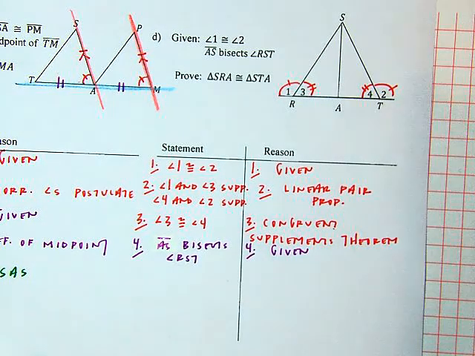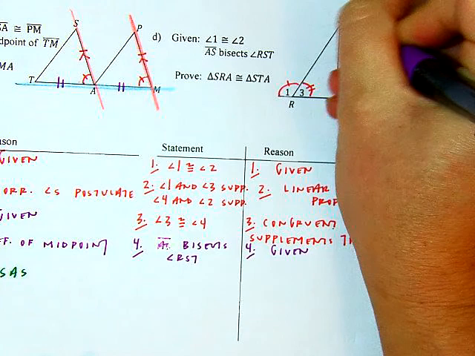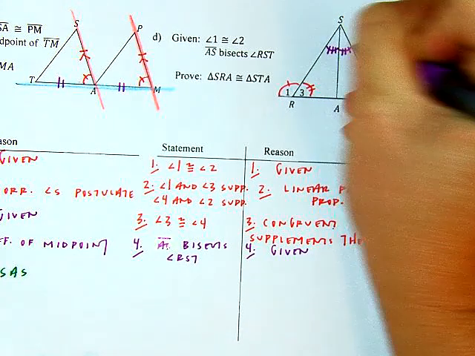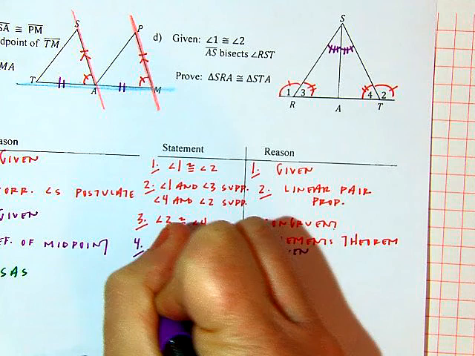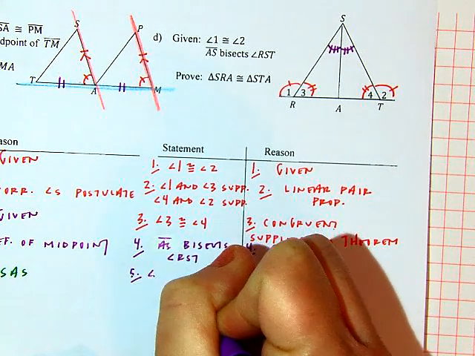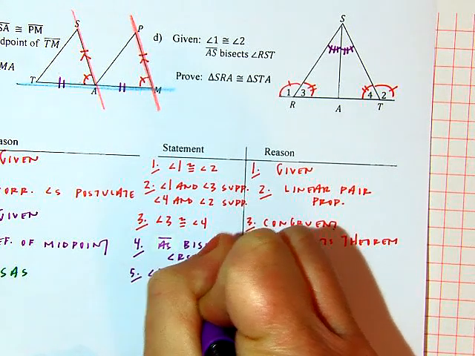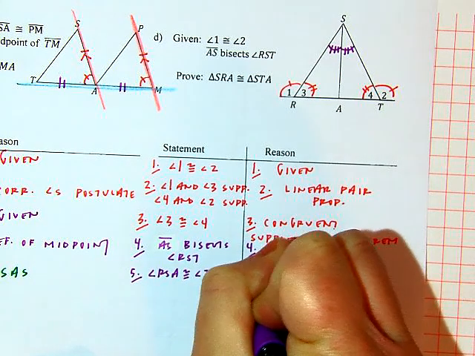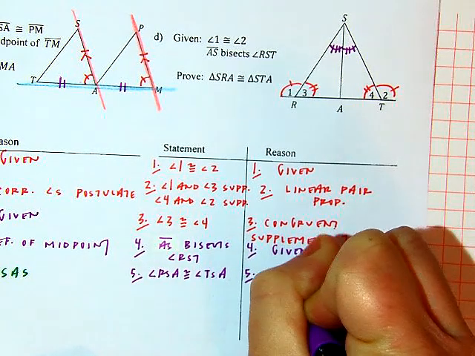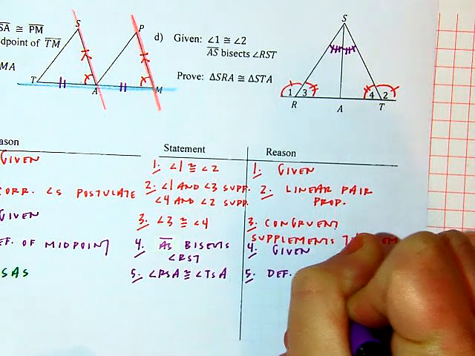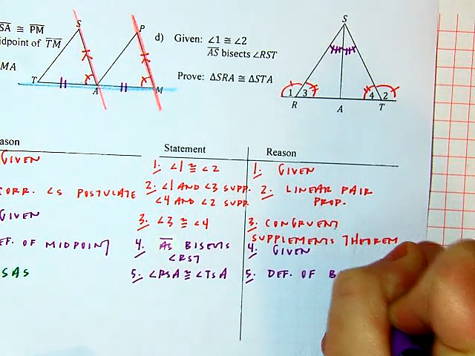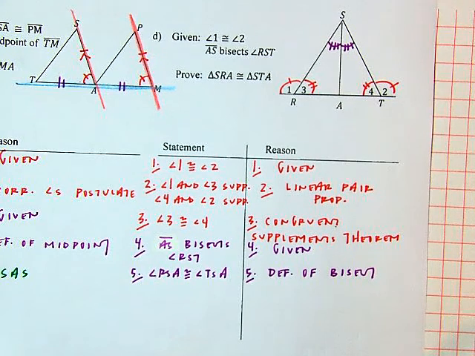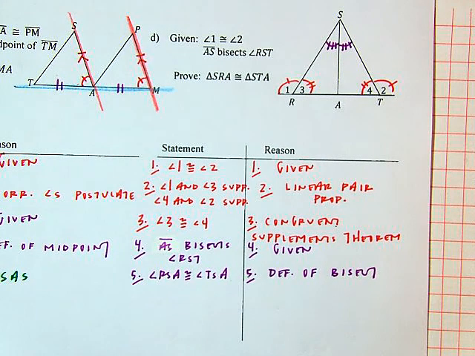Let me show what that means. That means that this larger angle is split into two congruent parts. So that's going to lead me to angle RSA congruent to TSA. Right? Definition of bisect. If we bisect an angle, it splits it into two congruent, smaller angles.